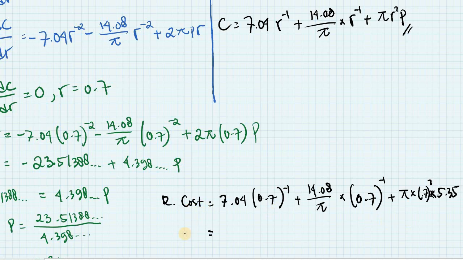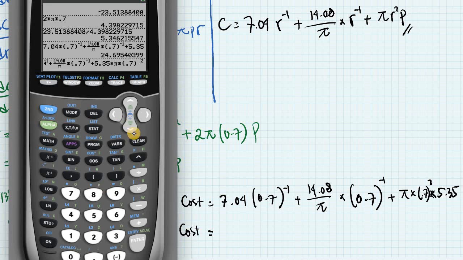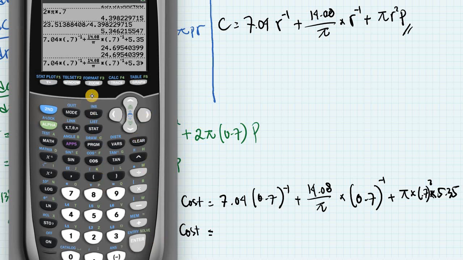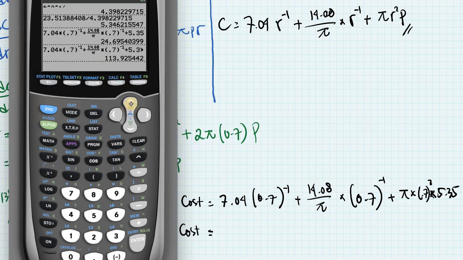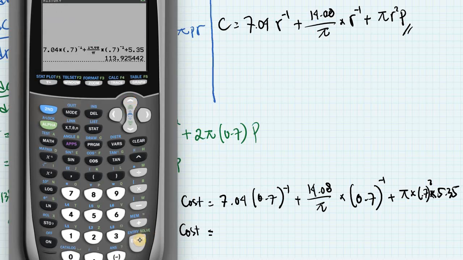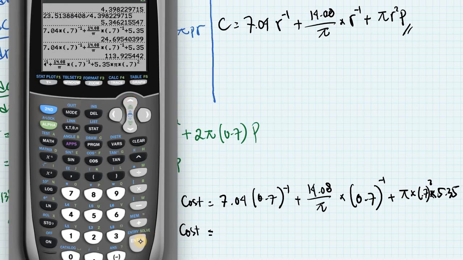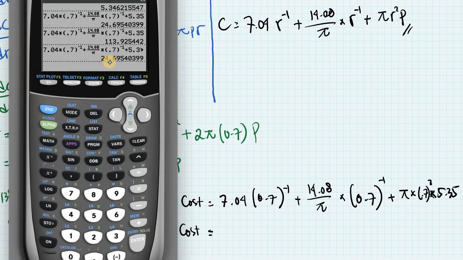So the cost equals, okay, we have it in our calculator. Wait a minute, I think we made some error here. Let me enter that again. Okay, we have 24.6954.